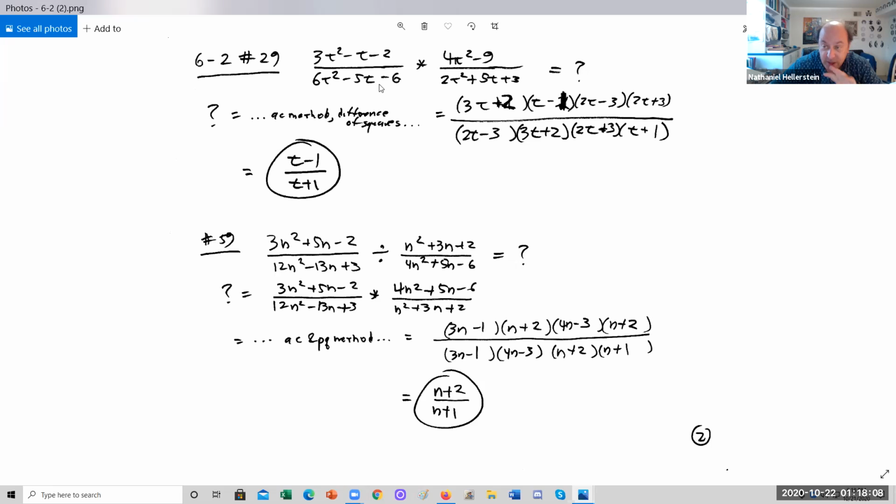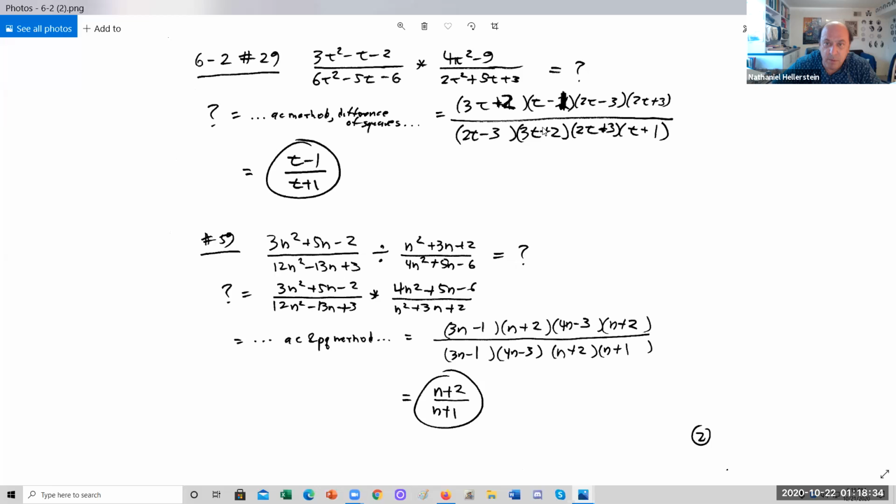I won't be skipping them in later ones, but here we'll just do it directly. So 3t squared minus t minus 2 is 3t plus 2 times t minus 1. 4t squared minus 9 is 2t minus 3 times 2t plus 3. 6t squared minus 5t minus 6 comes out to 2t minus 3 times 3t plus 2. 2t squared plus 5t plus 3 comes out to 2t plus 3 times t plus 1.